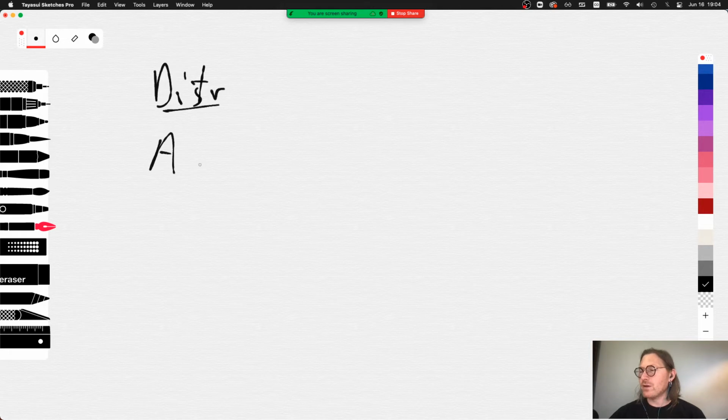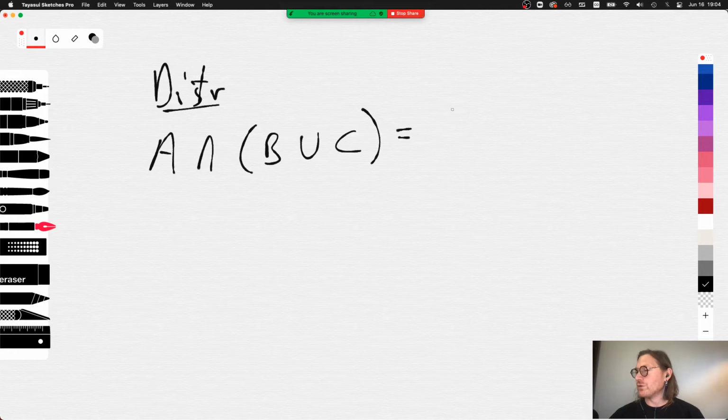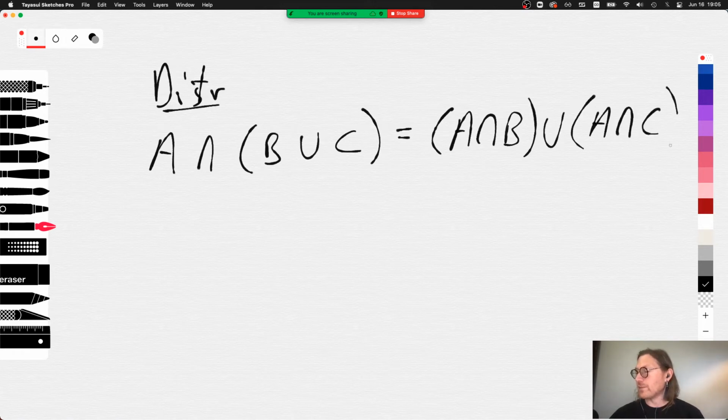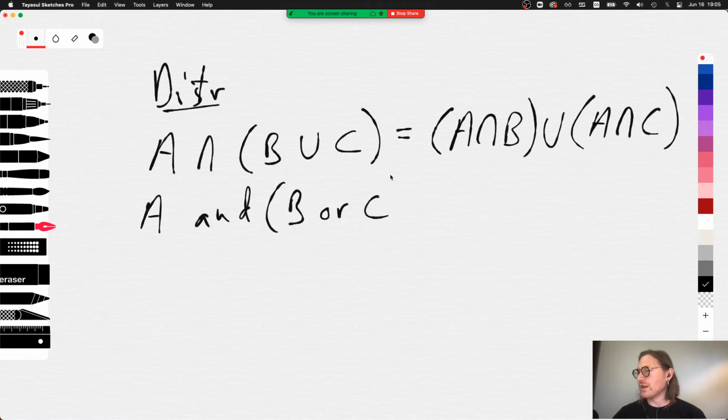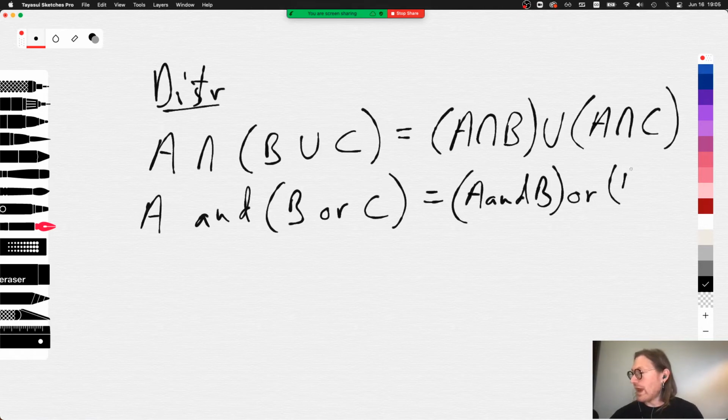We can say A intersect B union C, and this will be equivalent to A intersect B, and that can be unioned with A intersect C. So, same pattern, we've just swapped the union and intersection, and if we were to write this out, we could say A and B or C is going to be equal to A and B or A and C. So this is going to hold true.